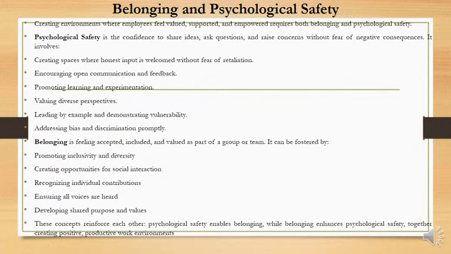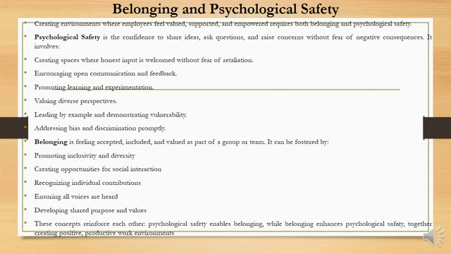Belonging and psychological safety. Creating an environment where employees feel valued, supported, and empowered requires both belonging and psychological safety. Psychological safety is the confidence to share ideas, raise questions, and raise concerns without fear of negative consequence.